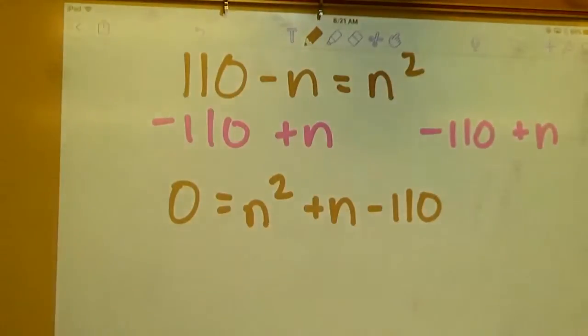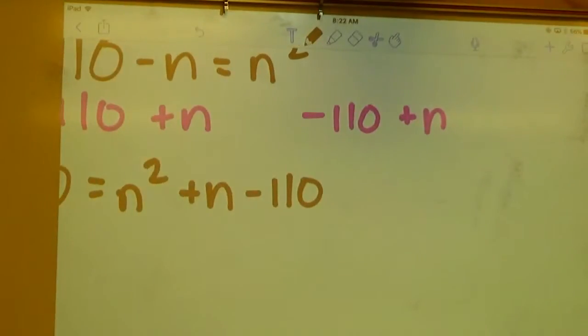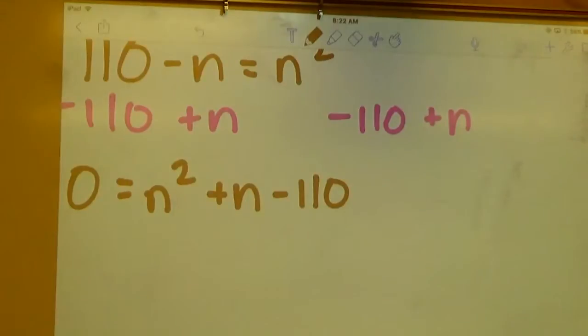Alright, so look. Think about it this way. I want to come up with two numbers that multiply to negative 110 and add to positive 1. So what are some factors of negative 110? 2 and negative 55.